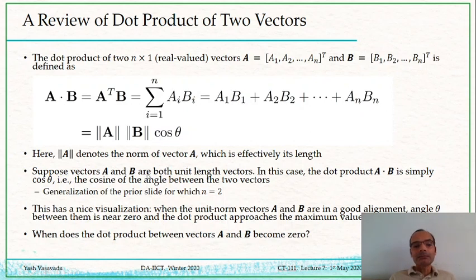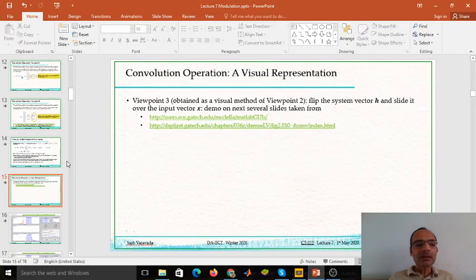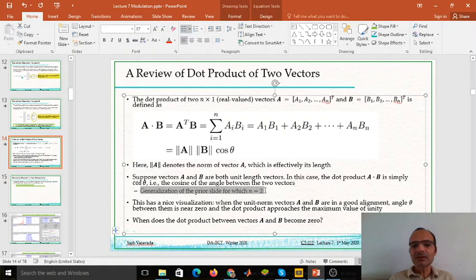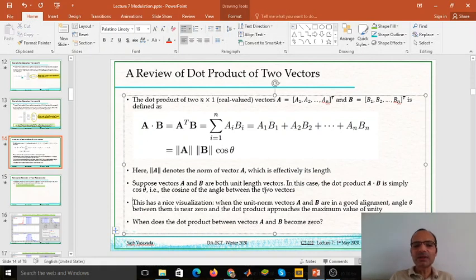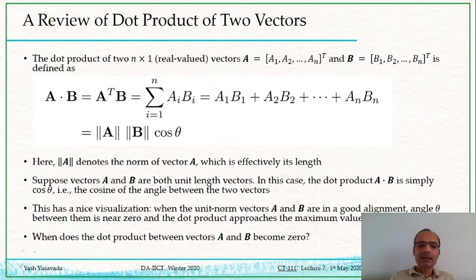I think I have again a typo here. I'll just remove this. We didn't take n equal to 2 in the previous slide, but the message is clear that when this theta angle is 0, you get maximum alignment and the dot product value becomes maximum.